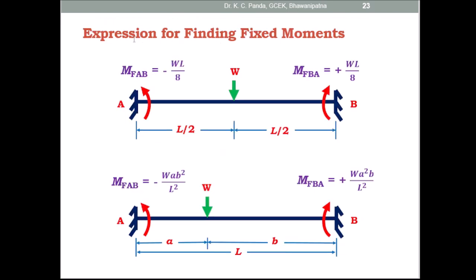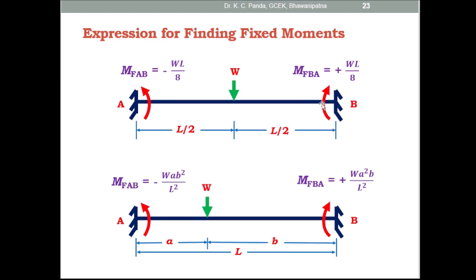Then coming to the expressions for finding the fixed moments for different loading conditions. If the concentrated load is present at the midpoint of the fixed beam, then you can find out the fixed moment at the end of the member.